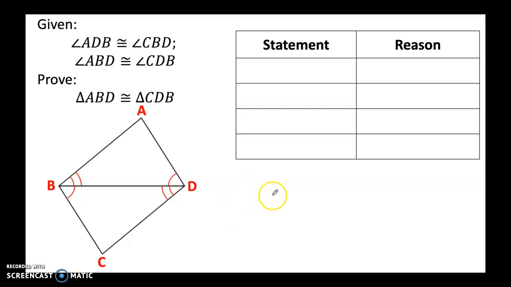To make a clear vision of the two given triangles, we can separate the overlapping triangles. We have ABD. Let's copy the markings. Another one, we have BDC. Let's have the markings.